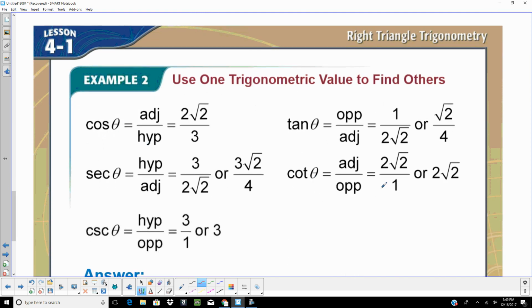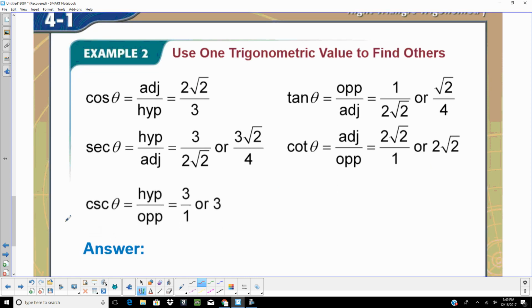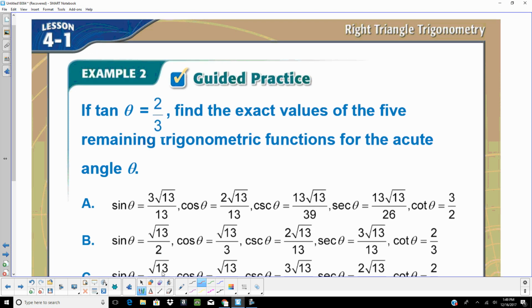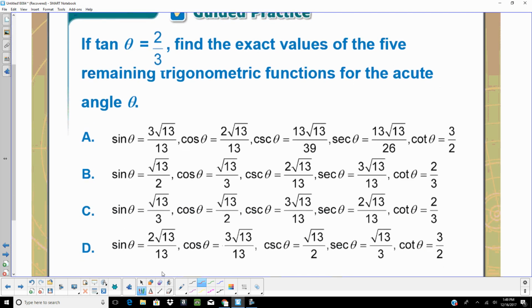And then I just found the reciprocal functions by taking the reciprocals of those answers. All right, here's one for you to pause on. Try it yourself. We want to find the remaining 5 trig functions for the acute angle, and we know tangent is 2 over 3.